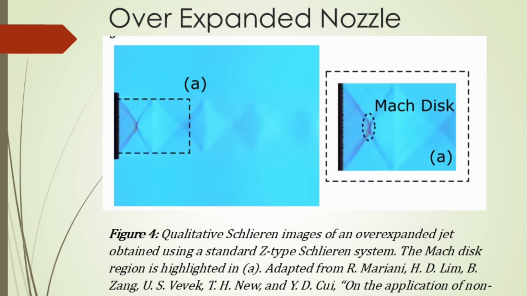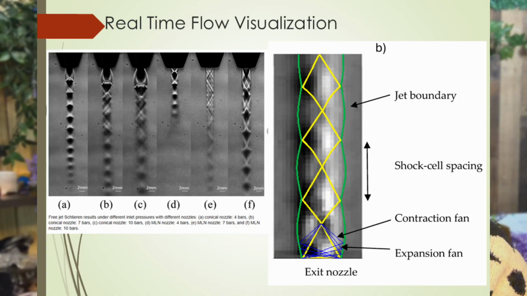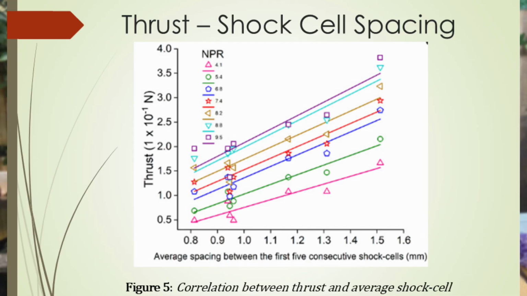This visual evidence is crucial because it shows how overexpansion leads to energy loss, and it's commonly associated with internal separation inside the nozzle. This is one reason to love Schlieren imaging because it gives you a full idea about how the shock behaves inside and outside the nozzle.